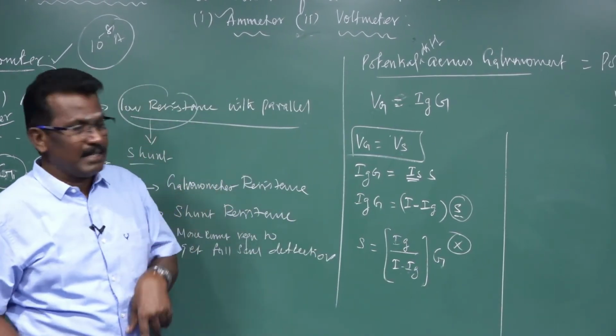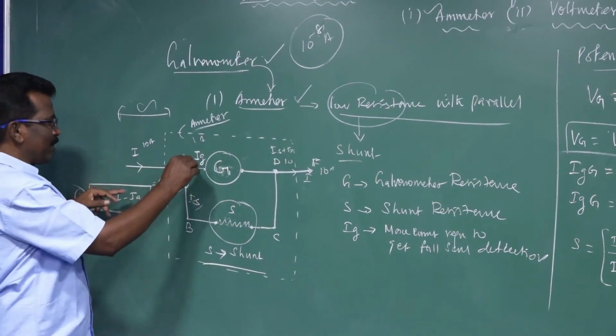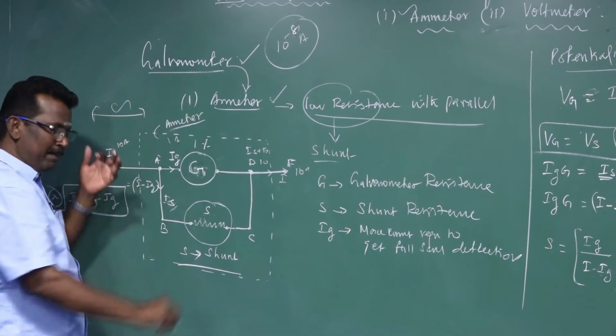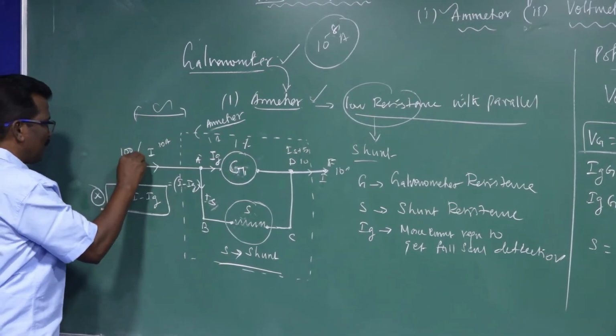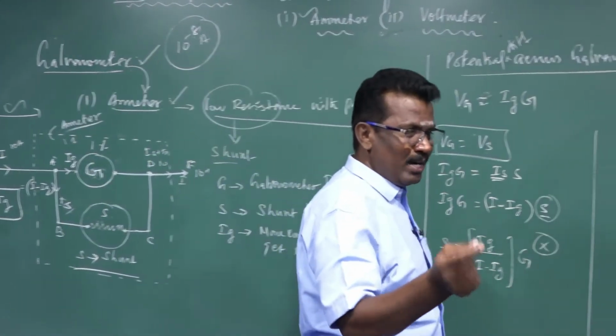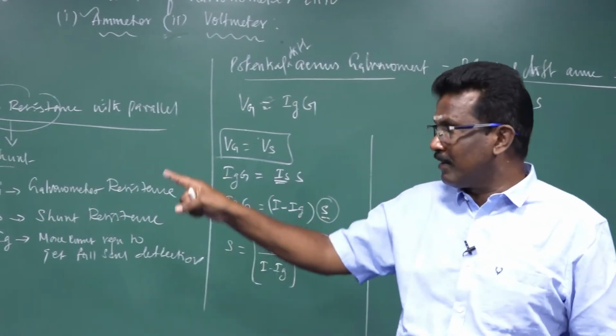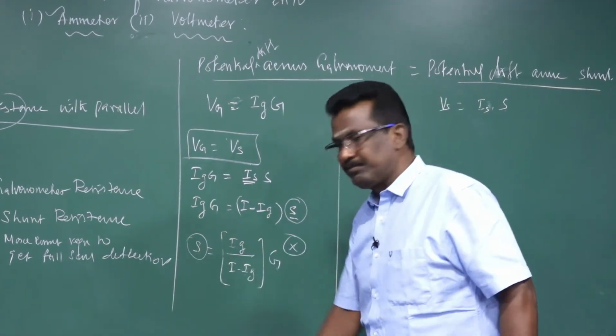Okay. One more example. If the current flowing through the Galvanometer is only 1%, that means 100% is the current coming from the source. Only 1% is the current flow through the Galvanometer. What is the value of the shunt? How to calculate?